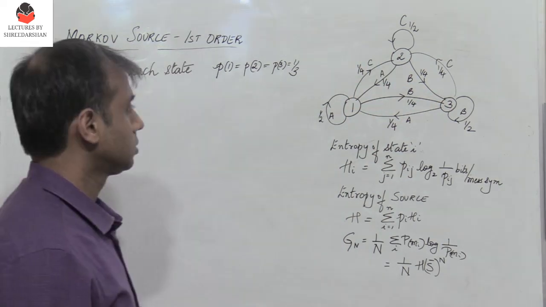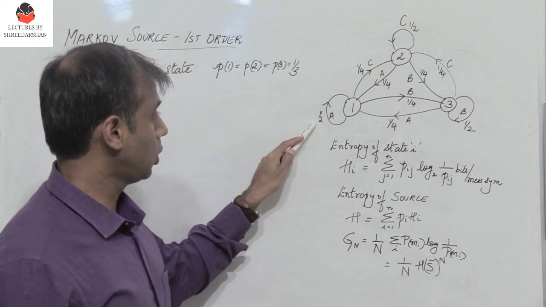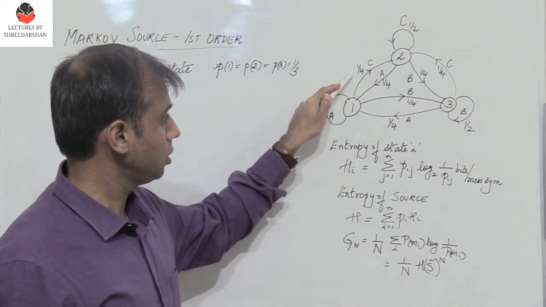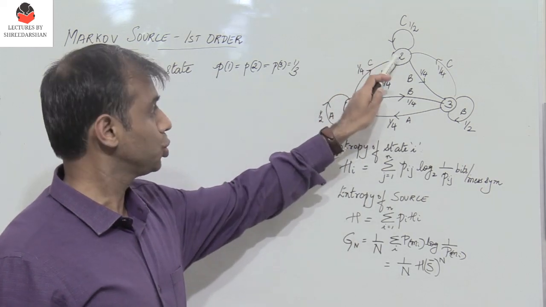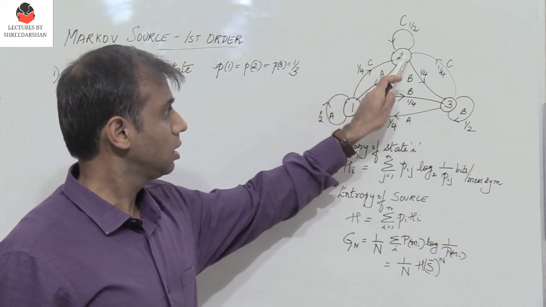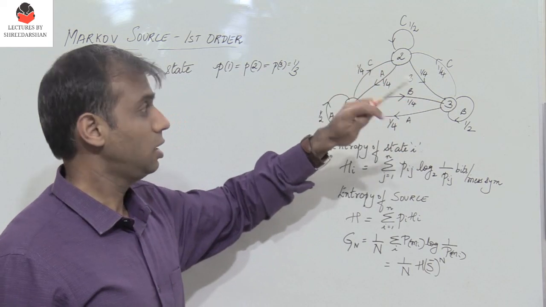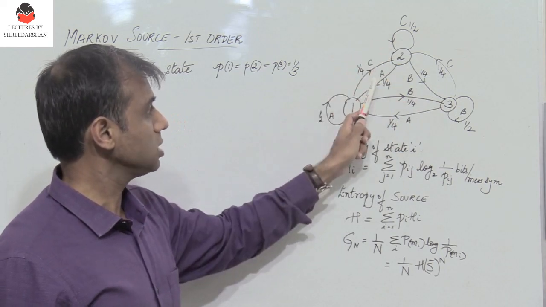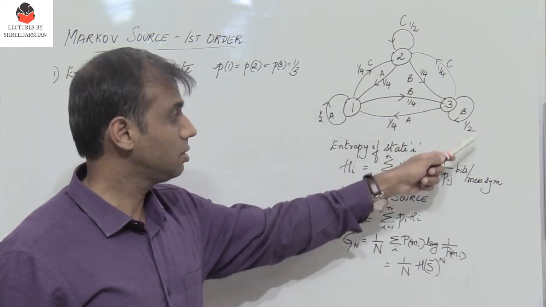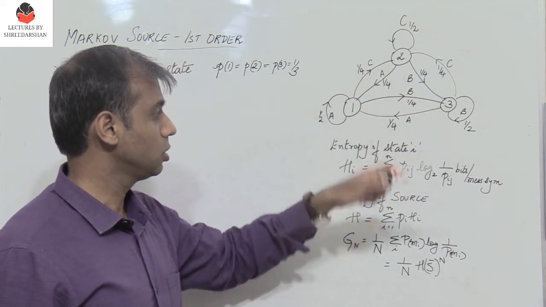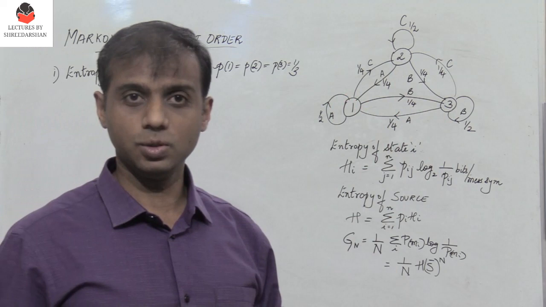Now how is it 1? 1 by 2 plus 1 by 4 plus 1 by 4 is 1. Now similarly from state 2, 2 to 2, 2 to 1, and from state 2 to 3 again is equal to 1. 1 by 2 plus 1 by 4 plus 1 by 4, and similarly from state 3 to 3, 3 to 2 and to 1, it is again equal to 1.